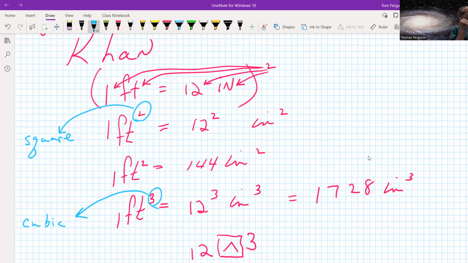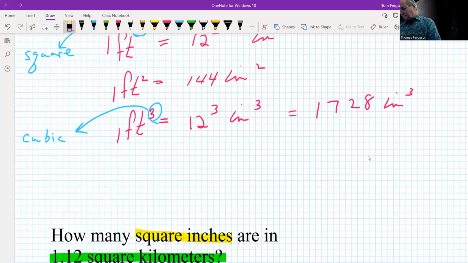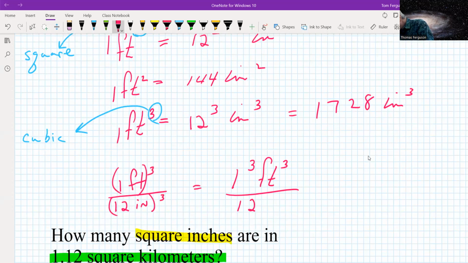So to find out the conversion factor, for example, let's go cubic feet to cubic inches. Now we know there's 12 inches in 1 foot linearly. In cubic, we have to cube 12. That's what that's equivalent to.